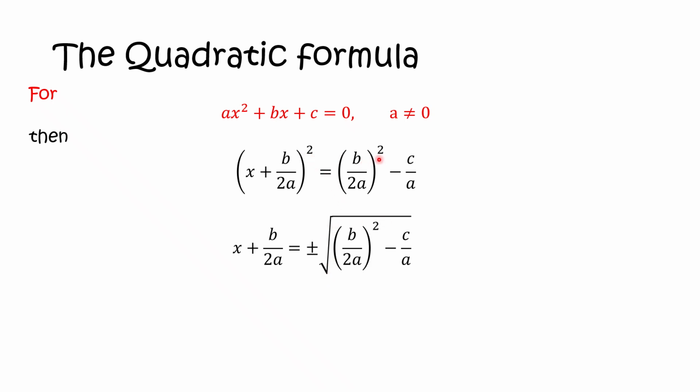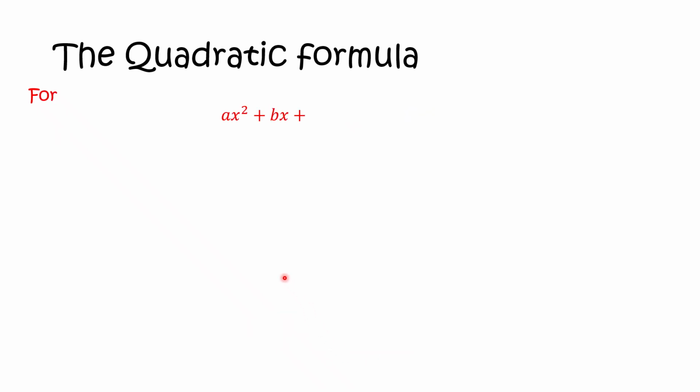And with that, moving the b over 2a that is left on the left hand side to the right hand side, we have minus b over 2a plus or minus the square root of what was on the right hand side already. And of course, we can place what was on the right hand side under the same denominator so that we get that.